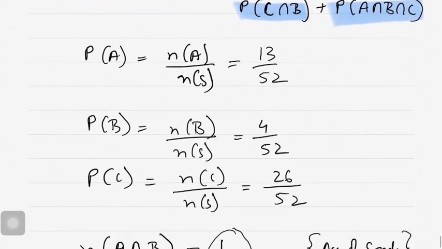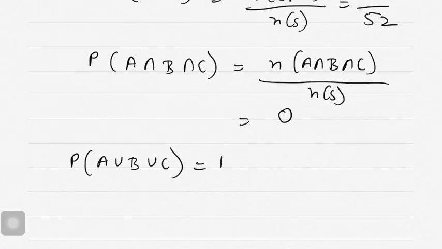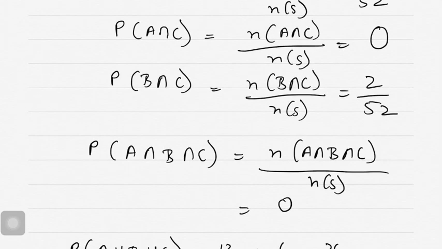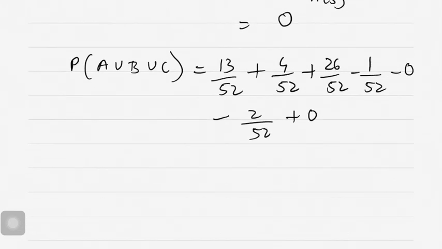P of A is 13 by 52. 13 by 52 plus 4 by 52 plus 26 by 52 minus 1 by 52 minus 0 minus 2 by 52 plus 0.